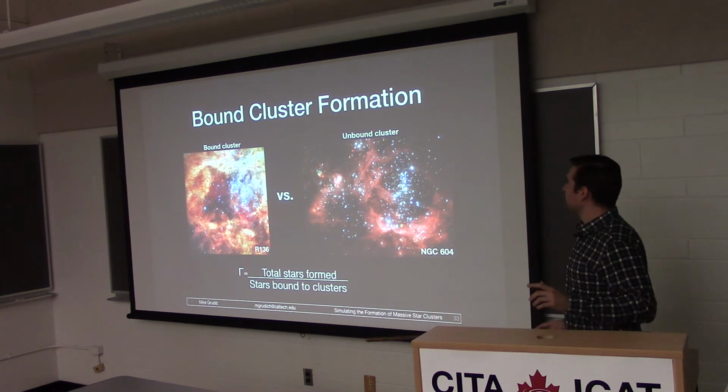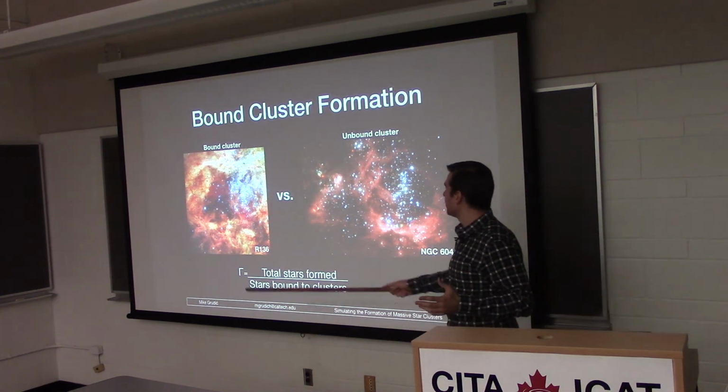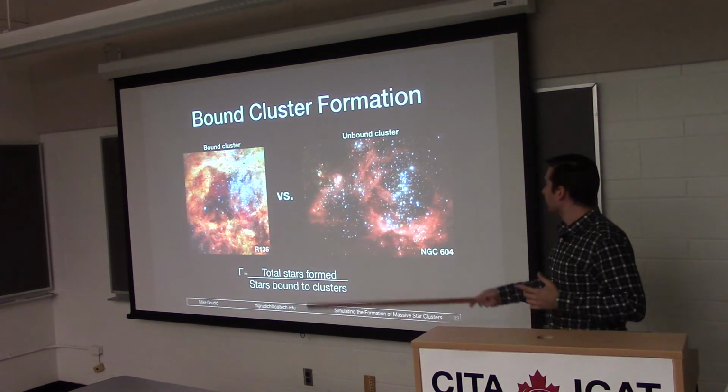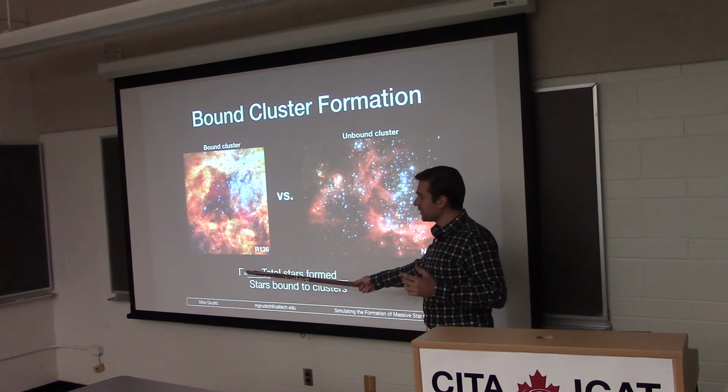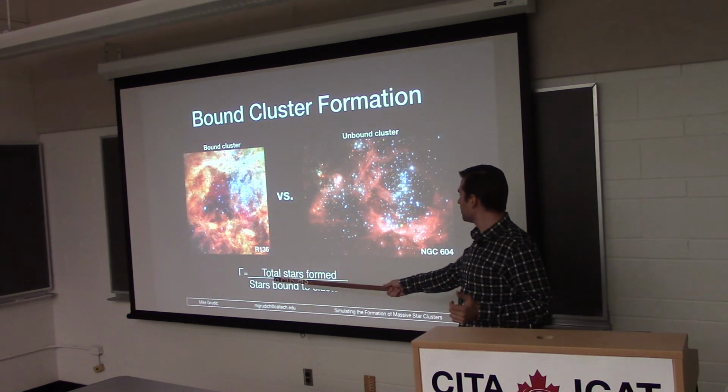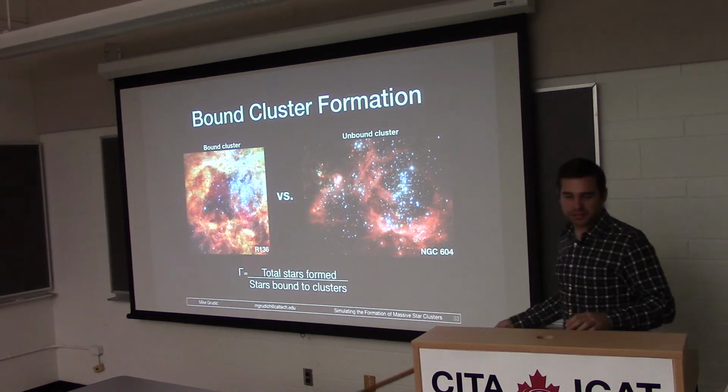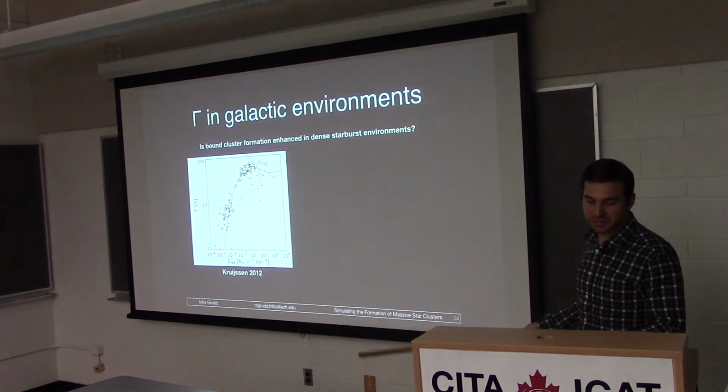So the question is, what decides whether you get one of these or one of these? The quantity we're interested in is gamma, the cluster formation efficiency, the ratio between the stars that end up bound in clusters and the total stars formed.